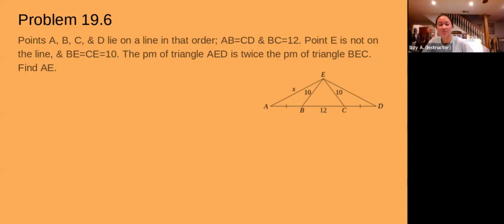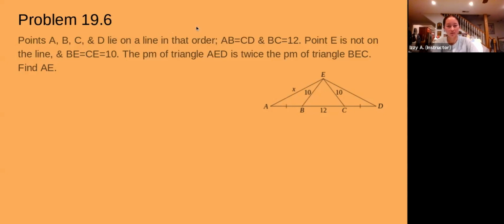Okay. So next we have problem 19.6. Points A, B, C, and D lie on a line in that order. AB is equal to CD and BC is equal to 12. Point E is not on the line and BE is equal to CE, which is equal to 10. The perimeter of triangle AED is twice the perimeter of triangle BEC. Find AE.